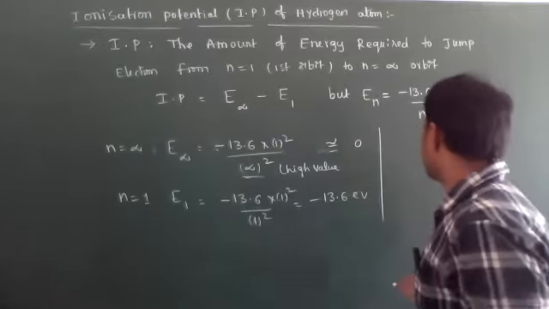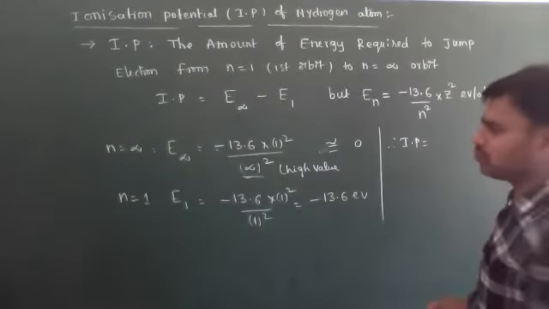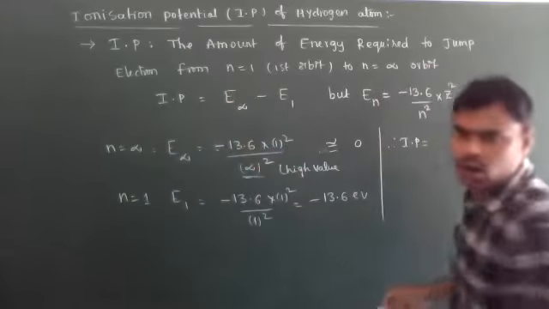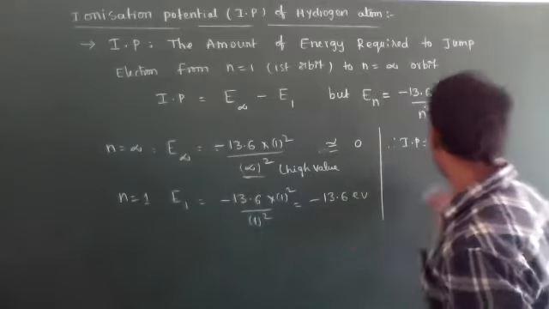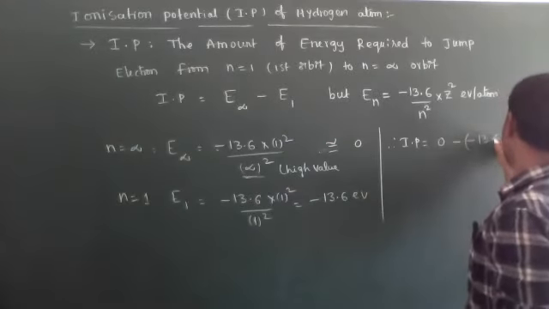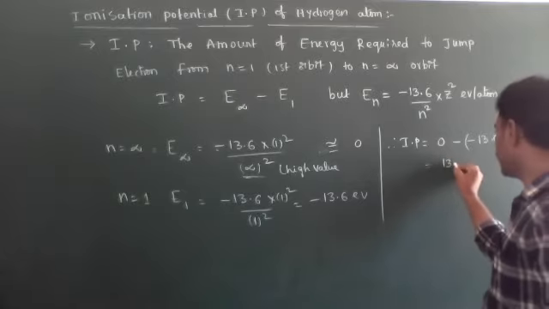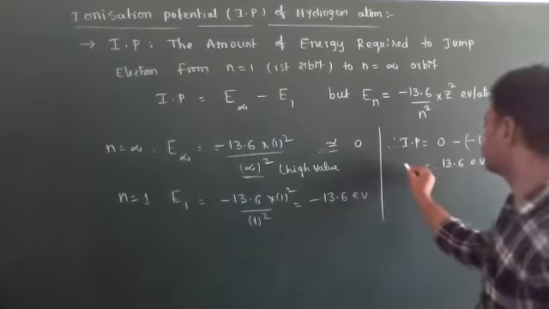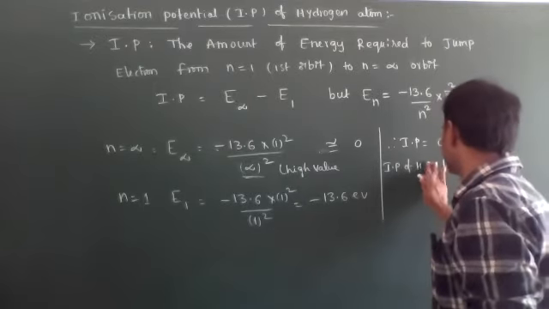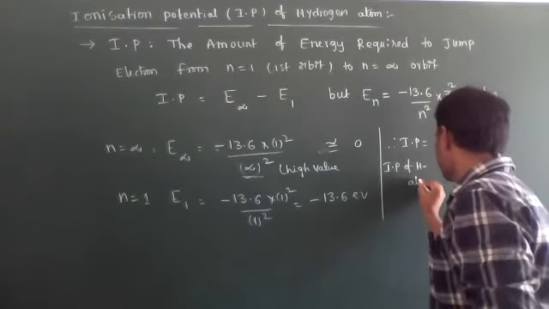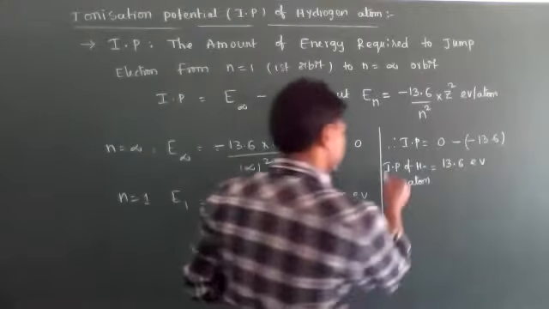Now, therefore, ionization potential is equal to E infinity minus E1. E infinity value is already said to be 0. Minus of E1 value is minus of minus 13.6, which is plus 13.6 electron volts. So the ionization potential of hydrogen atom is 13.6. It is very important.